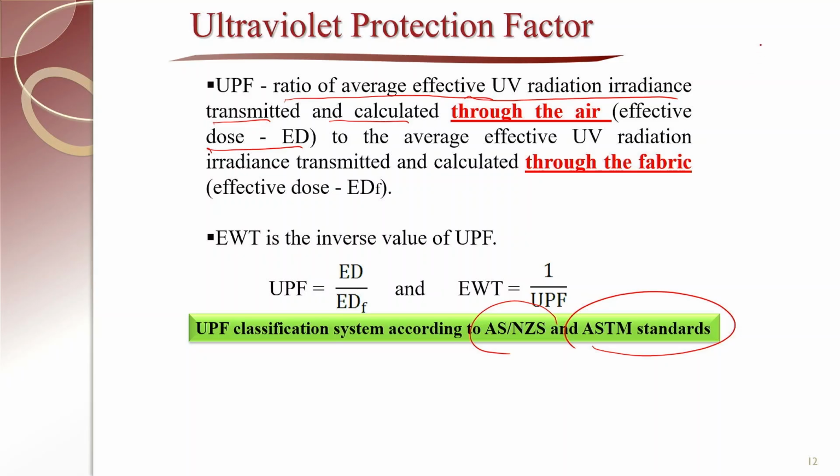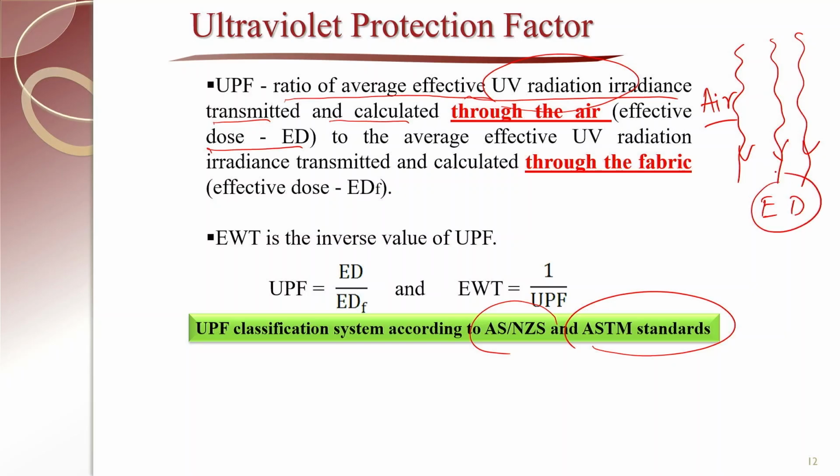This is plain air, the effective UV radiation which is coming through the air, and it is called ED. So, effective dose, and the average effective UV radiation transmitted and calculated through the fabric.